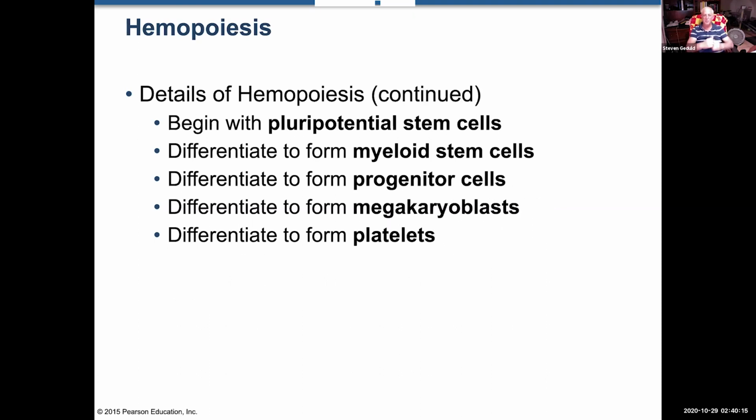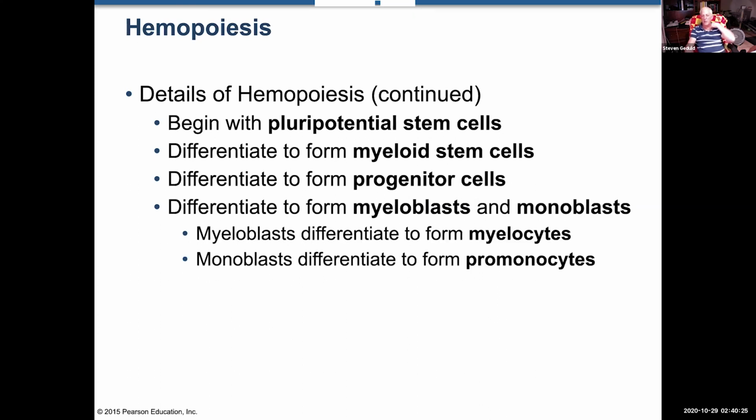That's a pathway to form your red blood cells. Okay. The pluripotential cells can divide into myeloid stem cells, go to progenitor cells, and you can go to megakaryoblast cells and form your platelets. Just a different pathway. Okay, another pathway. So they all start with the pluripotential stem cells, and they're going to go to 1 and 2, the myeloid stem cells and the lymphoid stem cells. These myeloid stem cells go to progenitor cells, can go to myeloblasts or monoblasts, go to myelocytes and promonocytes.